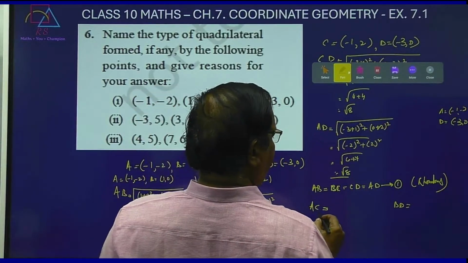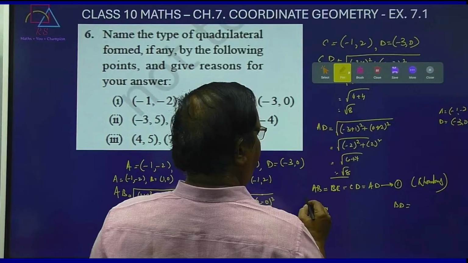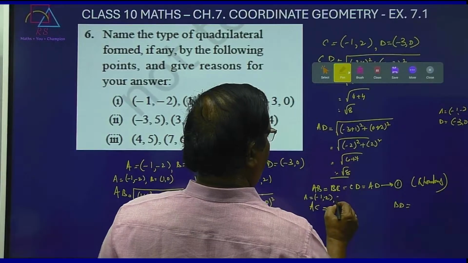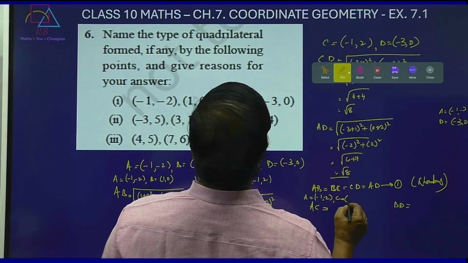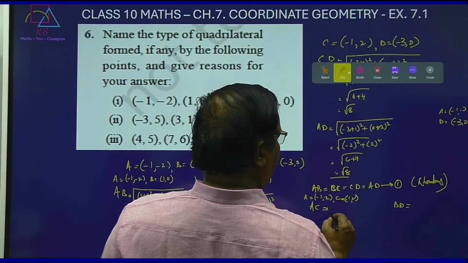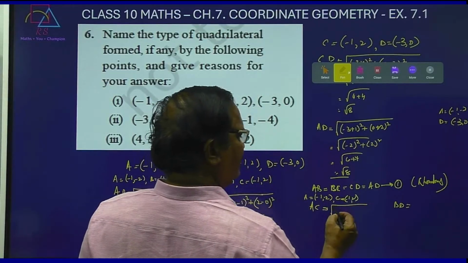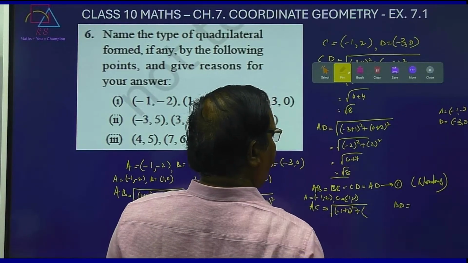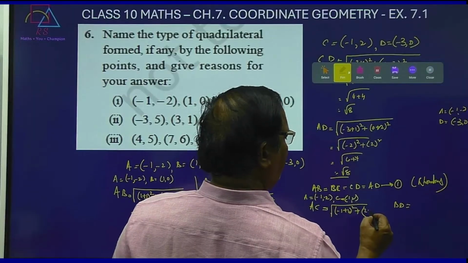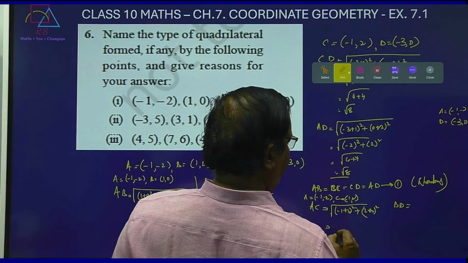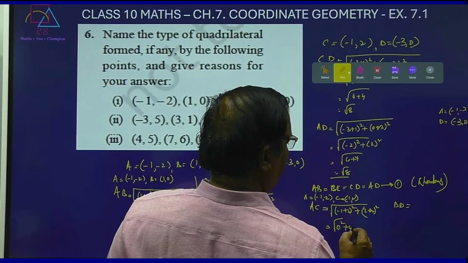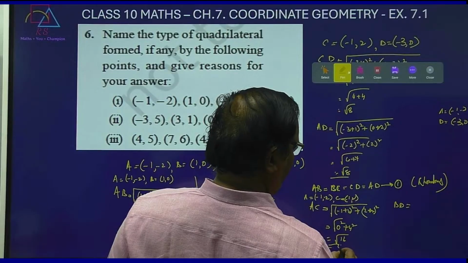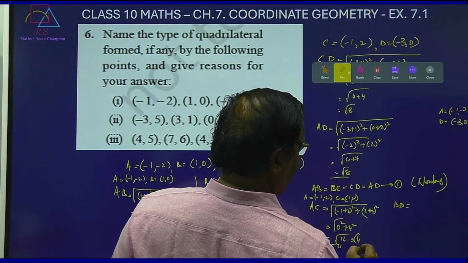So now AC, I will write A here. A is equal to minus 1, minus 2 and C is equal to minus 1, 2. So I will write directly AC, minus 1 minus minus 1, so minus 1 plus 1 whole square, 2 minus minus 2, so 2 plus 2 whole square, so it is equal to 0 square plus 4 square, which is equal to root 16, which is equal to 4. 4 is the answer.